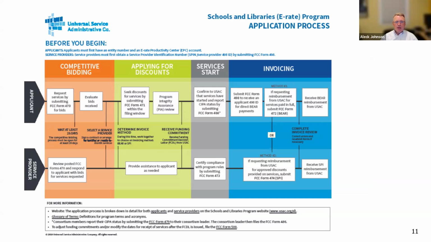And in fact, you should be in the program integrity assurance review, which is the box on the right-hand side of that green section. That means that you've already got the competitive bidding and the first part of the applying for discount section, which is the filing of the 471, completed. And with any luck, you'll get through PIA review fairly quickly and move into the receipt of services and then into invoicing.